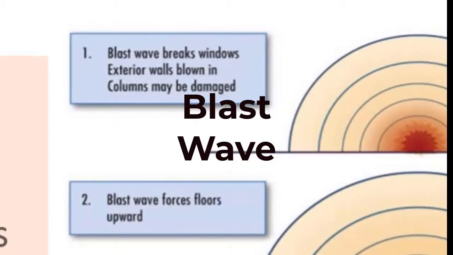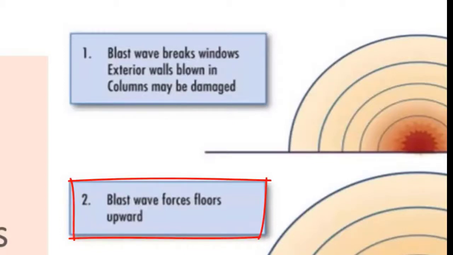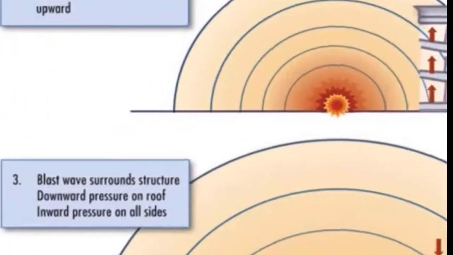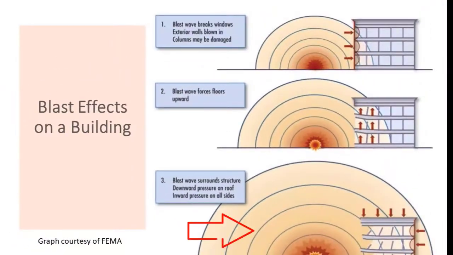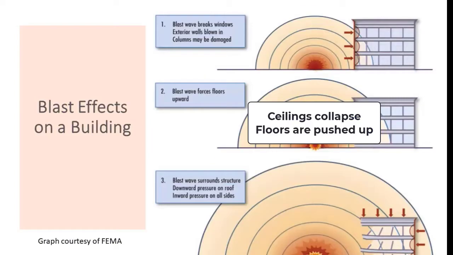The initial response is for floors to rise upward because of the pressure effects. Microseconds later, the blast wave engulfs the entire structure. And as we can see in this third and final illustration, downward pressure on the roof pushes all internal ceilings down. So you have floors being pushed up, ceilings cramped down. It's a recipe for mass casualties.